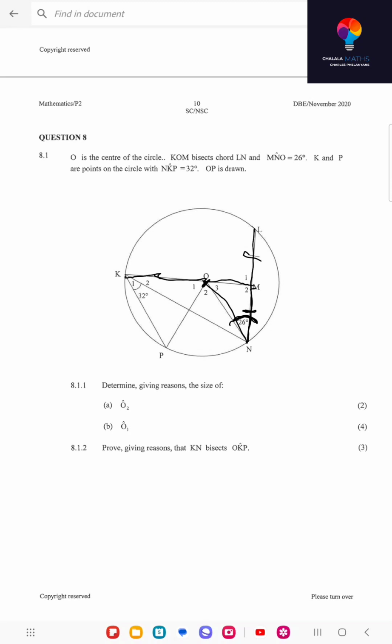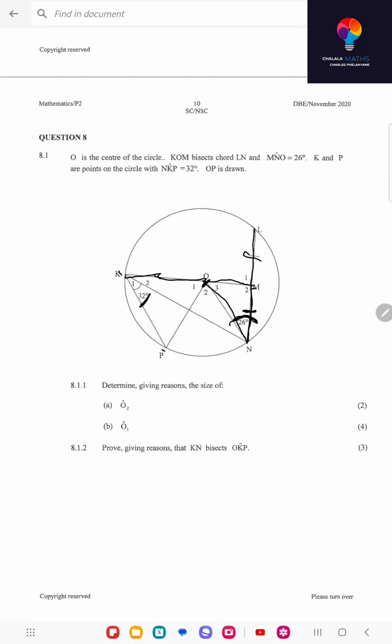It is given. K and P are points on the circle with angle NKP, this one, 32 degrees. OP is drawn.